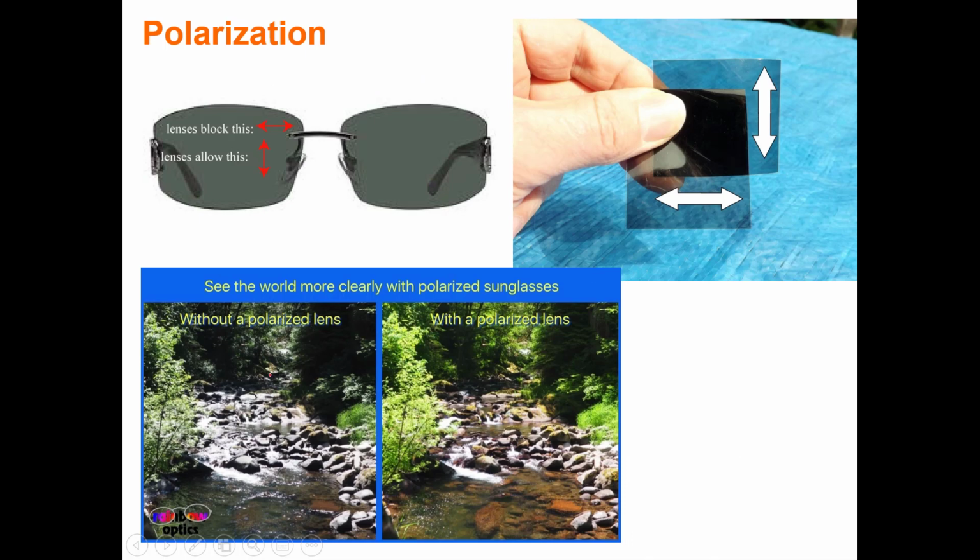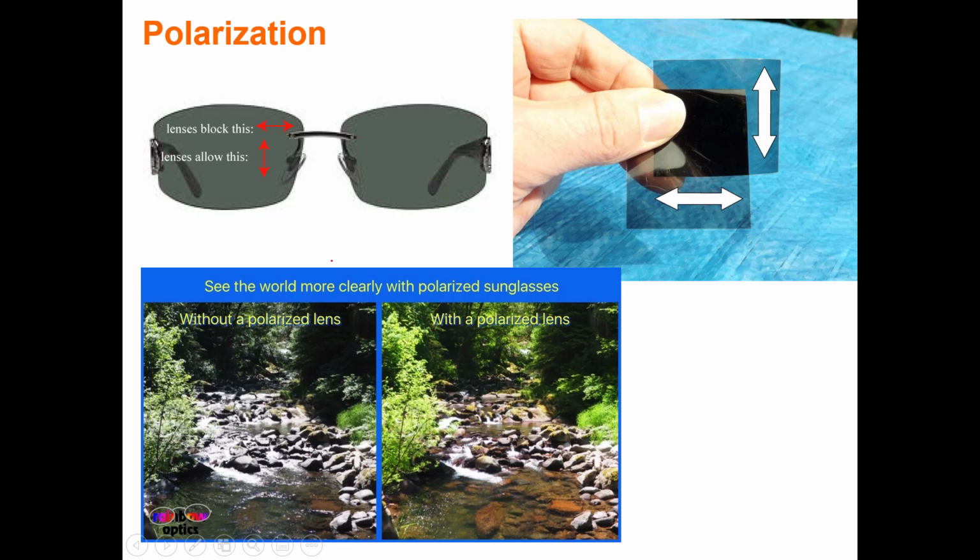And what happens is when we allow the light to polarize only in one direction, we can see things more clearly. As in this picture, we had something without a polarized lens, and here we had it with a polarized lens. Yes, we can see more details in this case.